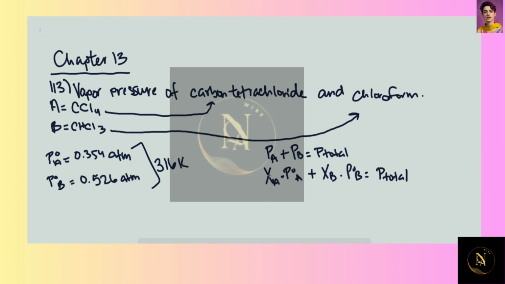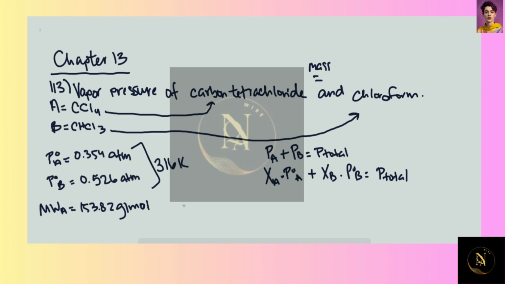Based on the problem telling us that we have equal masses of these two liquids, let's just say that we have 100 grams of each. The molecular weight of carbon tetrachloride is 153.82 grams per mole.